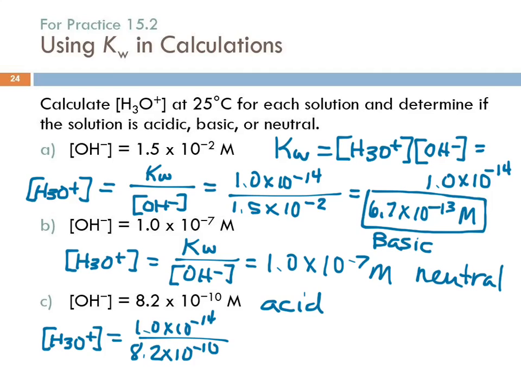That's 1.2 times 10 to the minus 5. That is larger than 10 to the minus 7. The hydronium ion concentration is larger. That's acidic. Any questions?